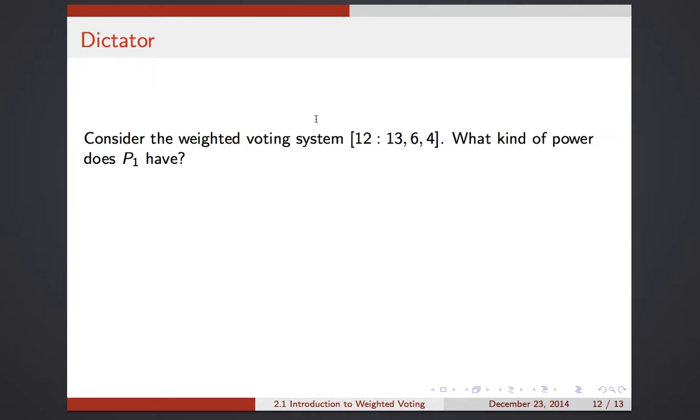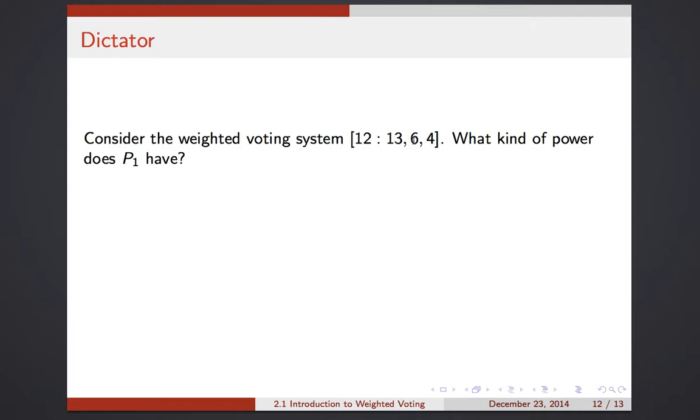Okay, so here's an opposite extreme. So consider this system where you need 12 votes to pass, and player 1 has 13 votes, and players 2 and 3 have 6 and 4 votes. What kind of power does player 1 have? Well, if you only need 12 votes to pass something, and player 1 has 13 votes, then player 1 can pass anything he wants on his own.